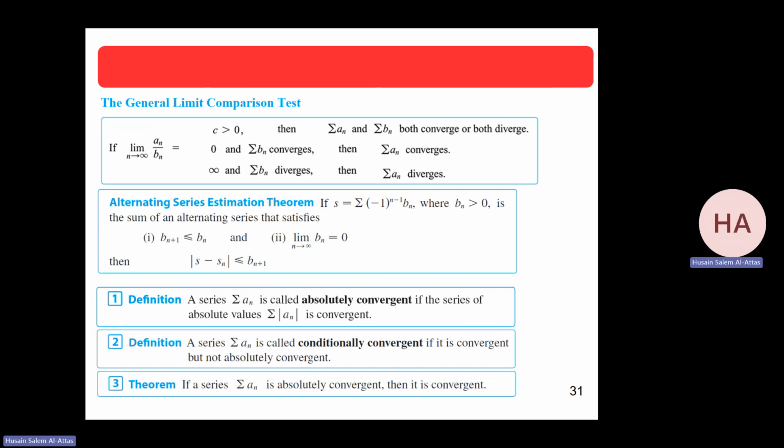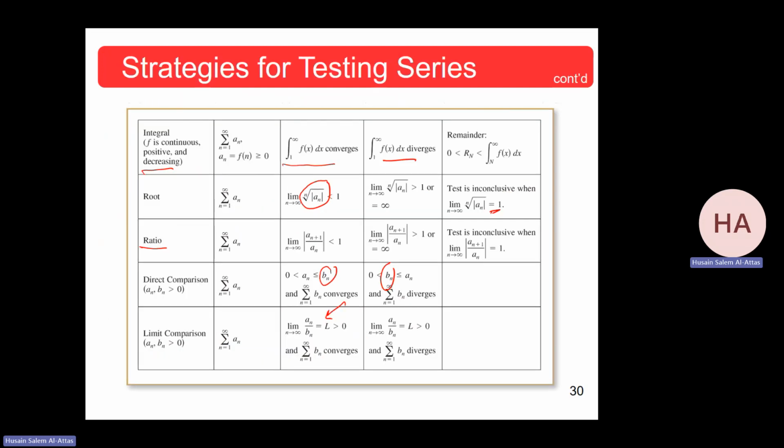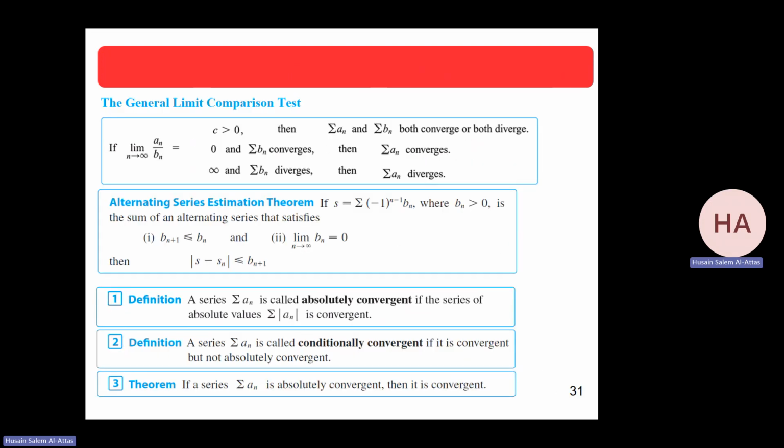Also, if you notice, the limit comparison test gave you a result only if L is positive and finite. However, there is a case if the limit is 0 and the series in the denominator converges, then the series in the numerator converges.